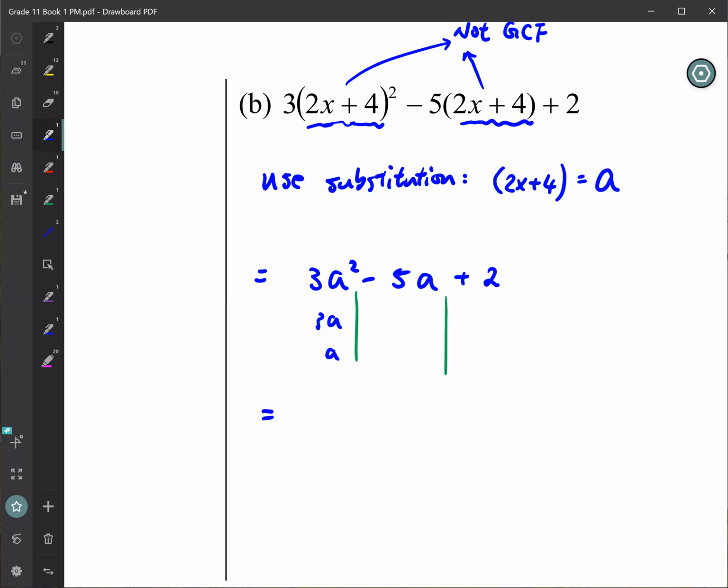Yeah. And then what? 2 and 1. Will this work? We need a negative sign somewhere. Where though? On the 1? Like that? I think. So only one negative sign?